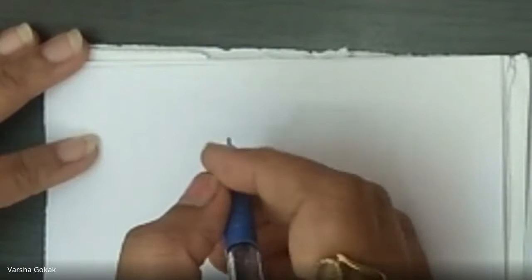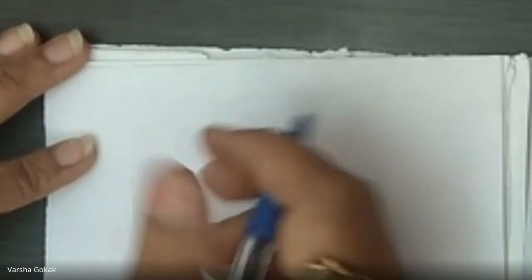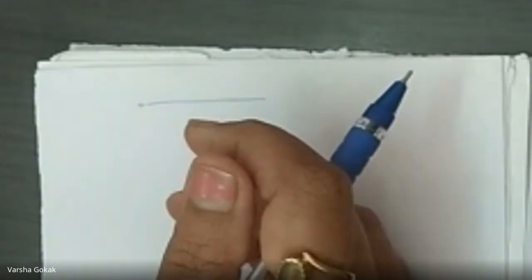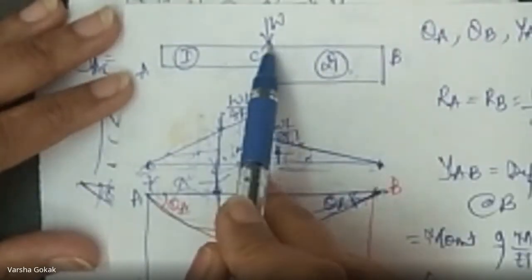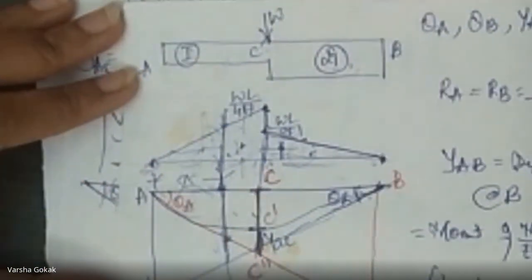Okay. Yesterday we have seen a case wherein we had different moment of inertia of a section, and we had to find the slope and deflection, right? This one. So a simply supported beam with a central point load with different moments of inertia, right?